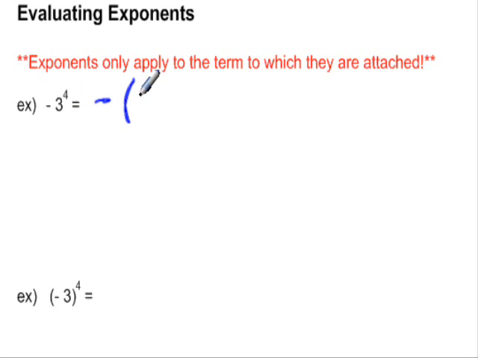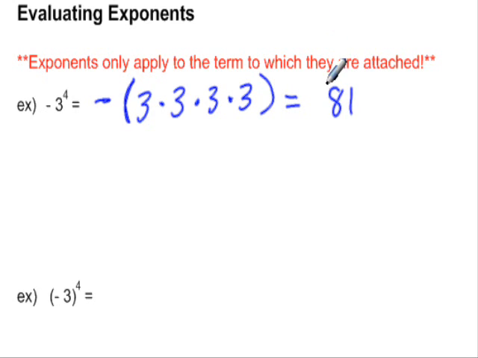And when I do 3 to the 4th power, my brain is going to be thinking about 3 times 3 times 3 times 3. And I'm not going to be concerned about that negative just yet. Alright, so 3 times 3 times 3 times 3, that is 81. Now because I have a negative on the outside, I can now apply it.